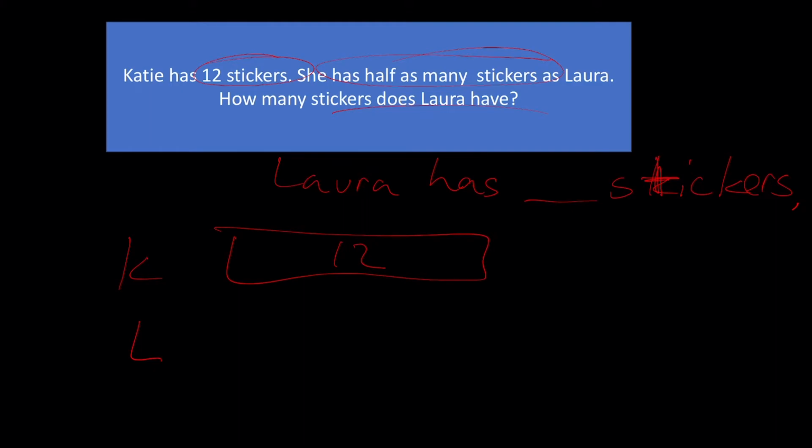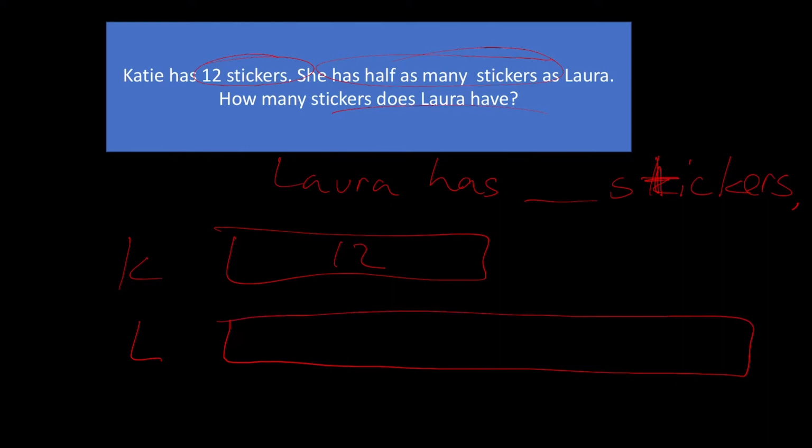Okay, so if Katie has half as many as Laura, in order to make this the same size, I would have to cut this in half and get rid of this piece, right? So I'm going to get rid of this piece, and I would have 1/2 x.